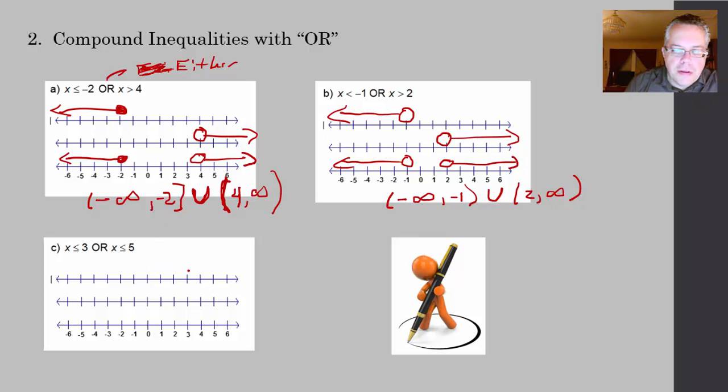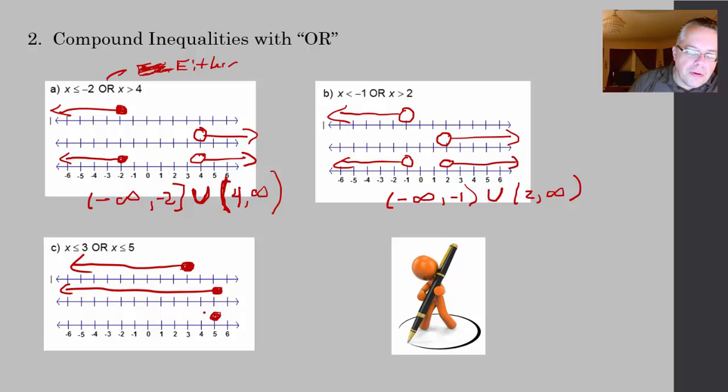So 3 is our boundary point. We're going to go x less than or equal to 3 to the left, x less than or equal to 5 to the left. All right, I want all values of x that appear in at least one of the graphs. So if I look from -6 all the way up to 5, all these values are in at least one of the graphs.